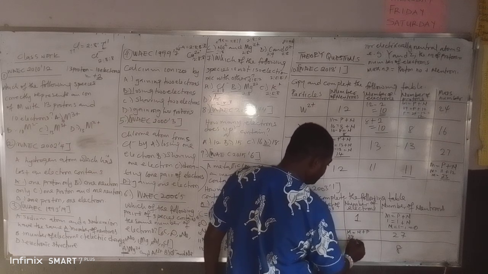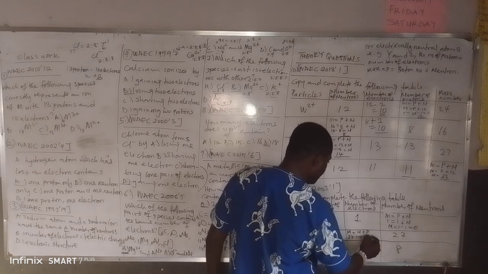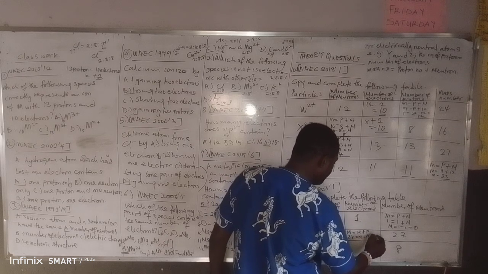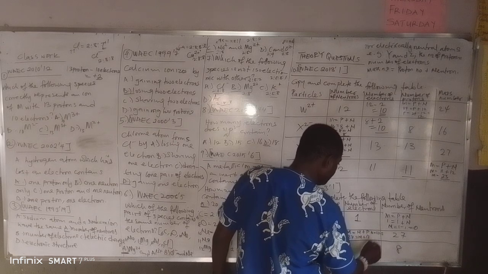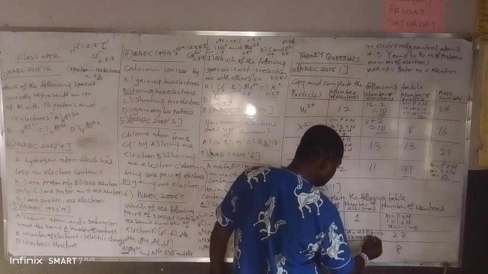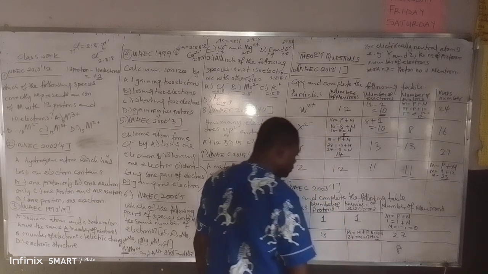The neutron number is unknown, that's what we are looking for. The proton number is 13. So your neutron number will be 27 minus 13, which is 14. So 14 is what you want to see there.